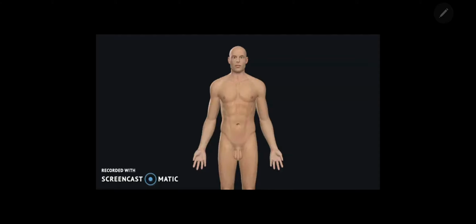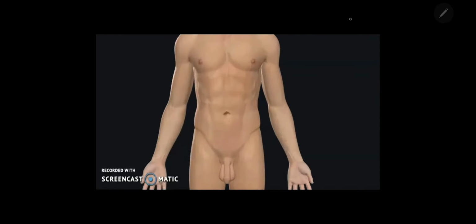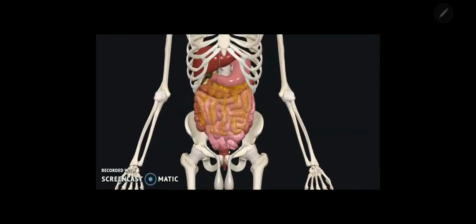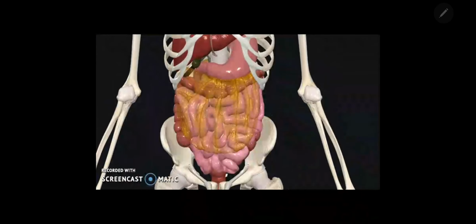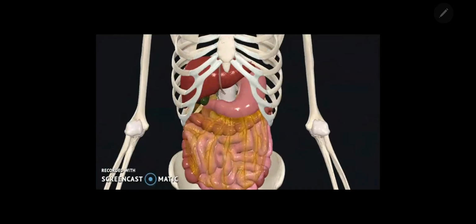Let us see in the animation where the duodenum is located. As we have already discussed, it occupies the epigastric and umbilical regions. The abdomen is divided into 9 regions by 2 vertical and 2 horizontal planes.